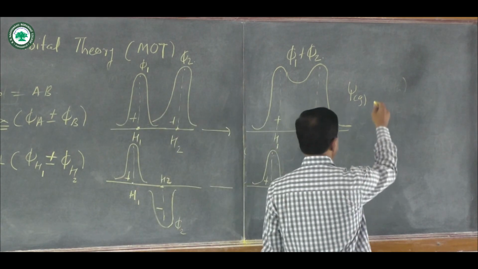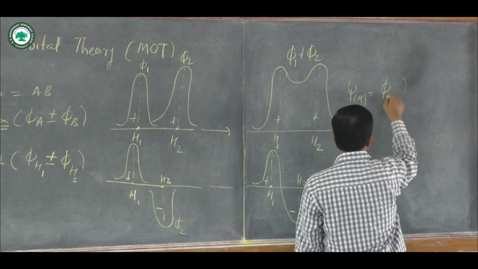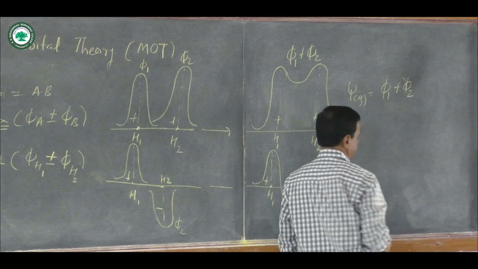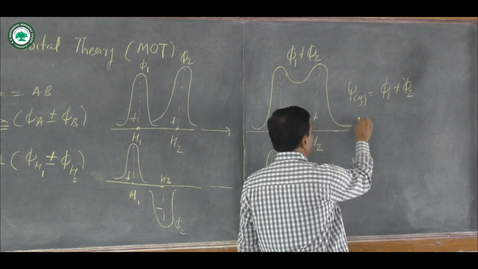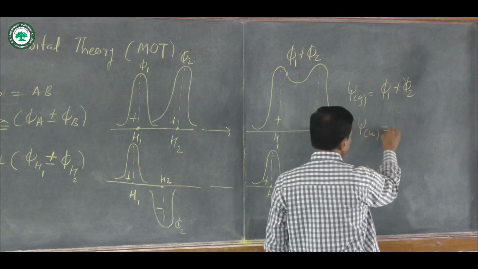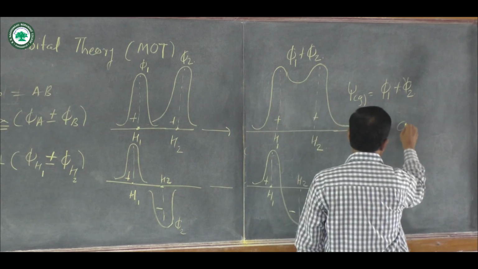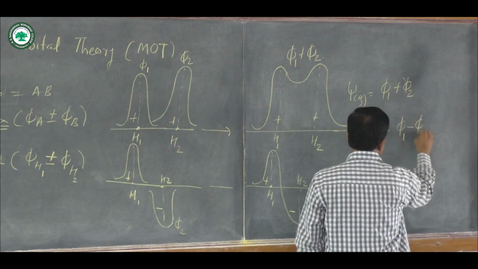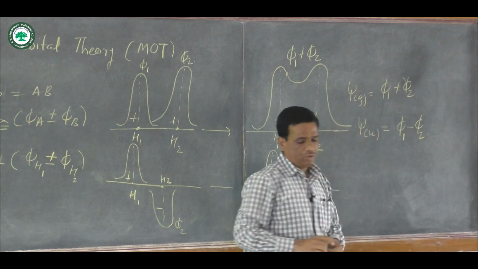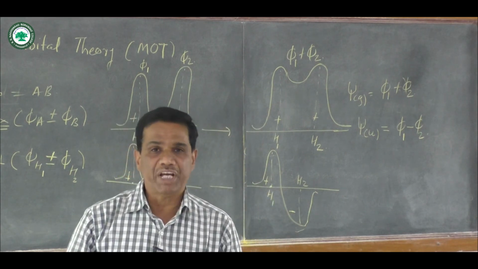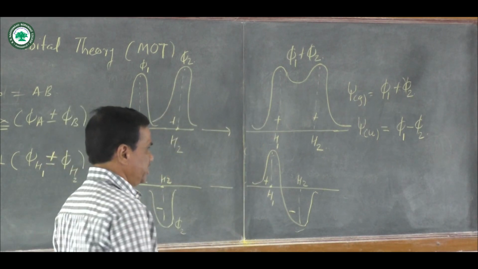When addition occurs, it is phi 1 plus phi 2, and when subtraction occurs, it is represented as psi u, equal to phi 1 minus phi 2. Electron density is generally determined by squaring these values.